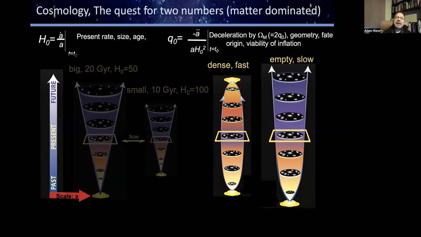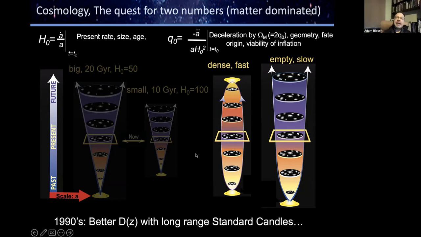Again, in a matter-dominated universe, knowing the total matter in the universe also tells us the geometry of space, the ultimate fate of the universe. And this also was once debated whether the universe was dense and would slow or decelerate rapidly, ending in a kind of a big crunch, or whether the universe was only lightly filled and therefore was decelerating only a little bit and would expand forever.